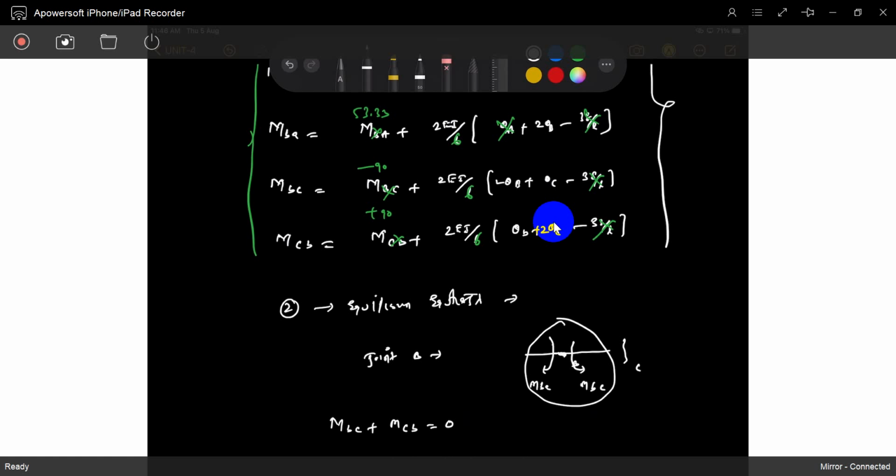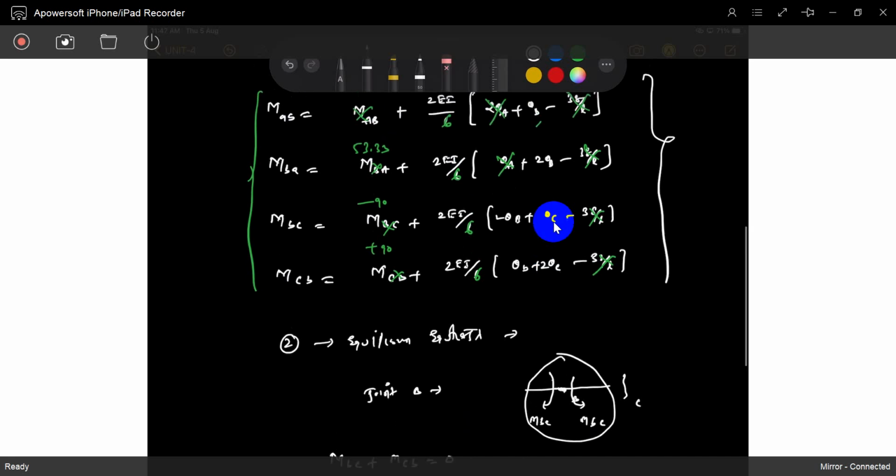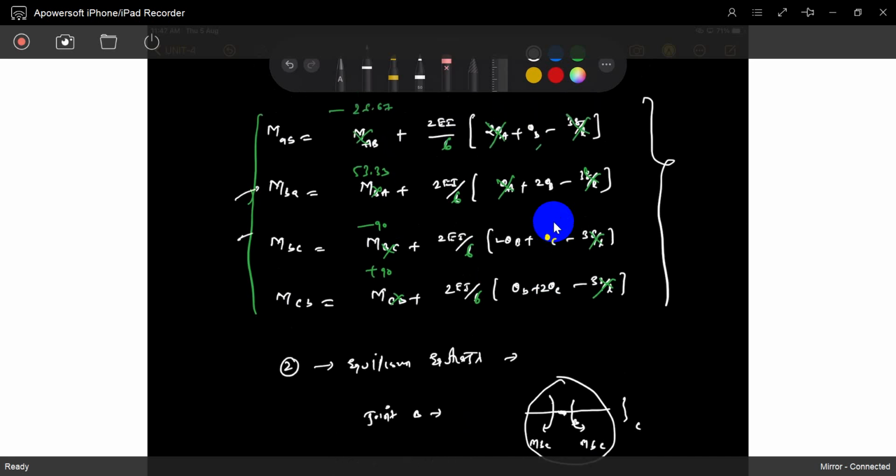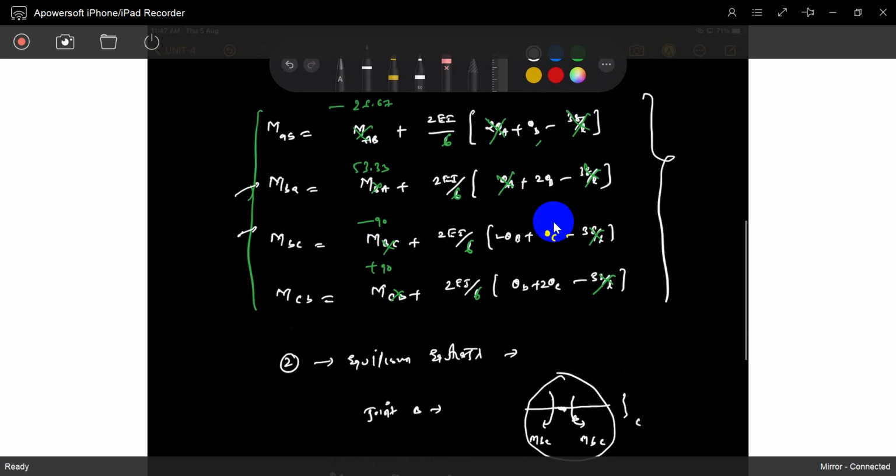If you see, we write these equations all in clockwise. Clockwise is positive, anti-clockwise is negative. See, MBC we write as negative, MBA also negative. But indirectly, if you want to write it down, we write as clockwise.